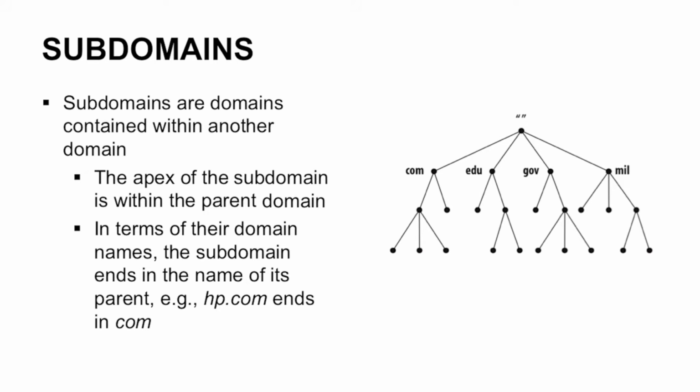If you think of this in terms of the domain names of the domain and one of its subdomains, the name of the subdomain will always end in the name of the parent domain. So, for example, infoblox.com is a subdomain of com because it ends in com. In the diagram on the right, you can see the domain com, and within it, a subdomain whose apex is within the com domain, such as, for example, infoblox.com.